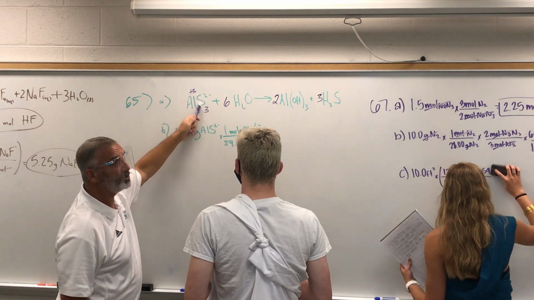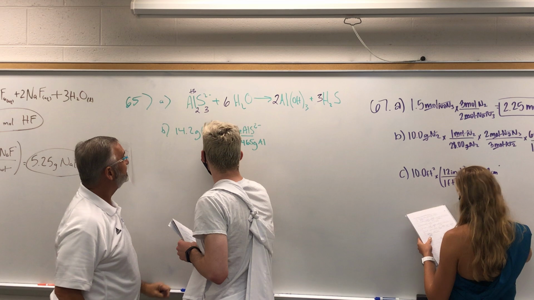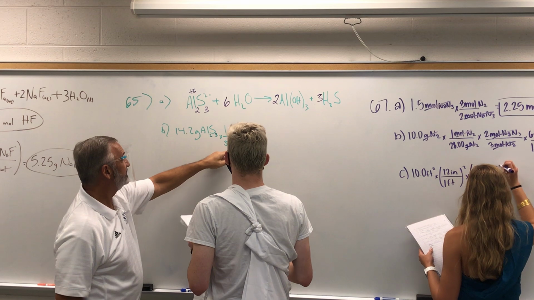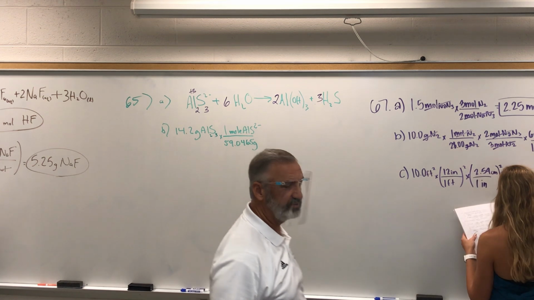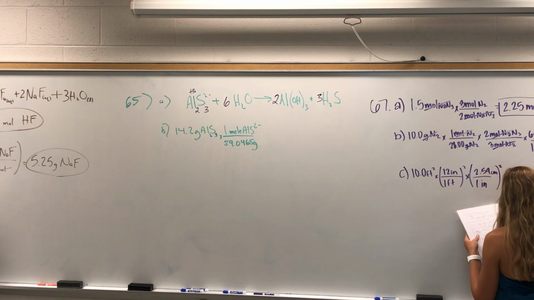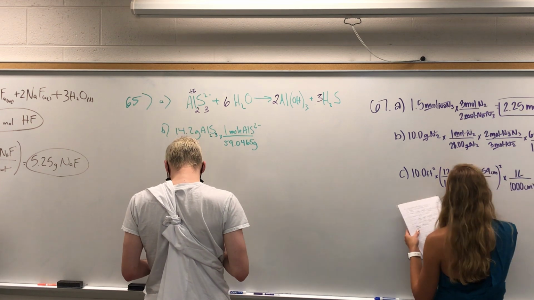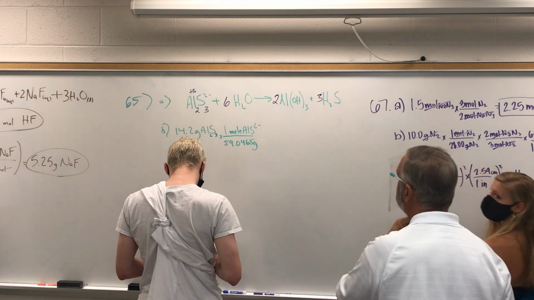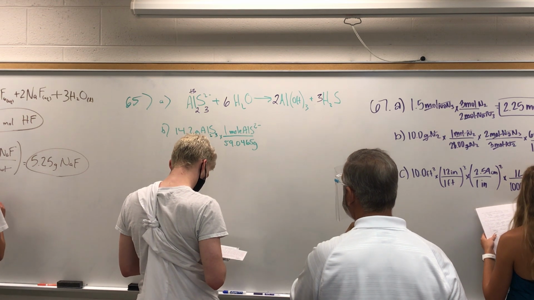But always balance your charge when writing formulas. So the only thing that's going to change now is your ratio. Now this is still going to be, oh no, that's going to be different too. So we'll just keep working it together. I'll help you out. 27 times 2 plus 32.09 times 3. What was that? 32.09 times 3.